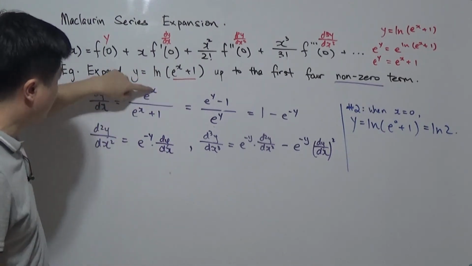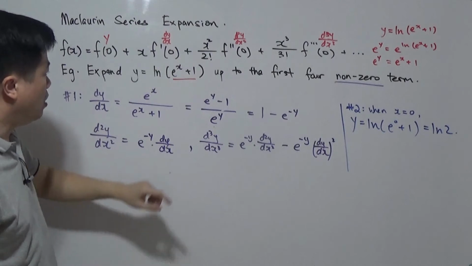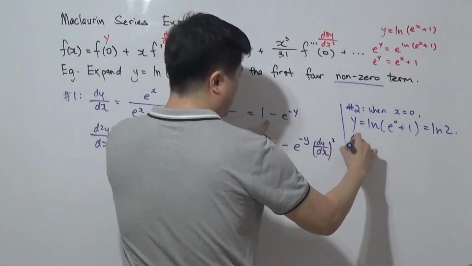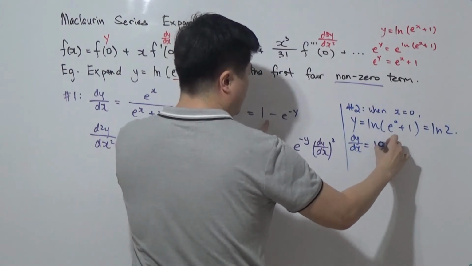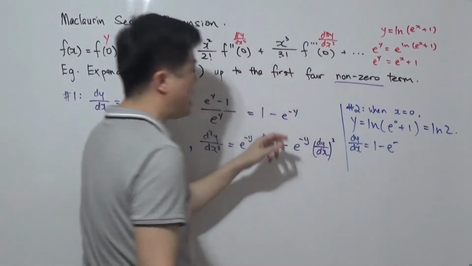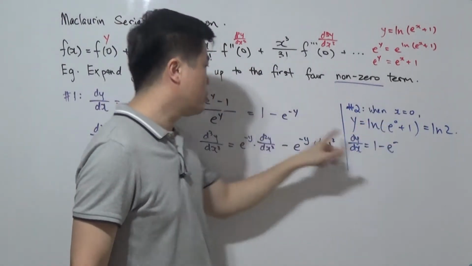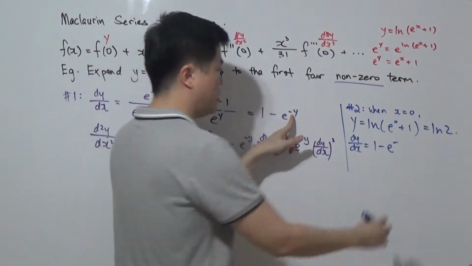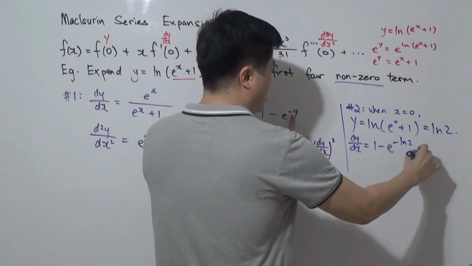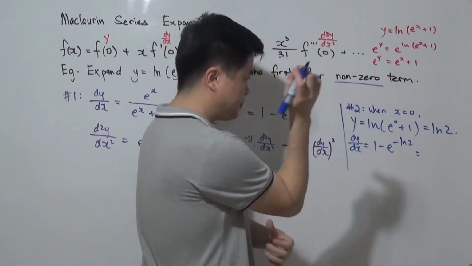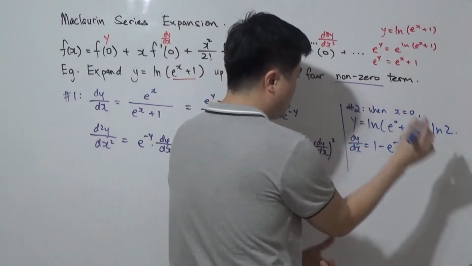In this case, you could sub in over here, or we could use this. So our dy/dx would be equal to 1 minus e to the minus y, and when x is equal to 0, we know that y is equal to ln 2. So we can place the ln 2 over here, so minus ln 2. Now we can simplify this or simply press this into your calculator, and that is going to give us 1/4.